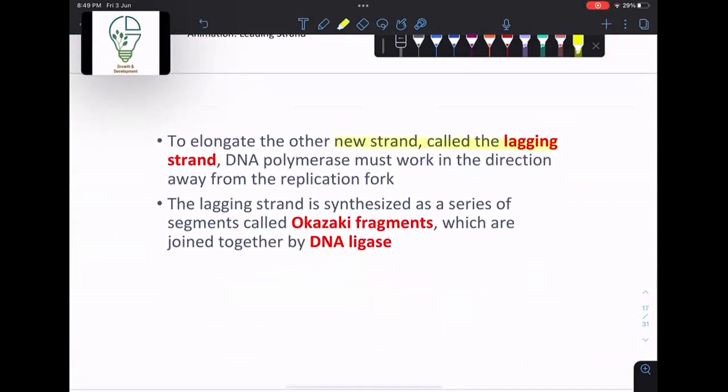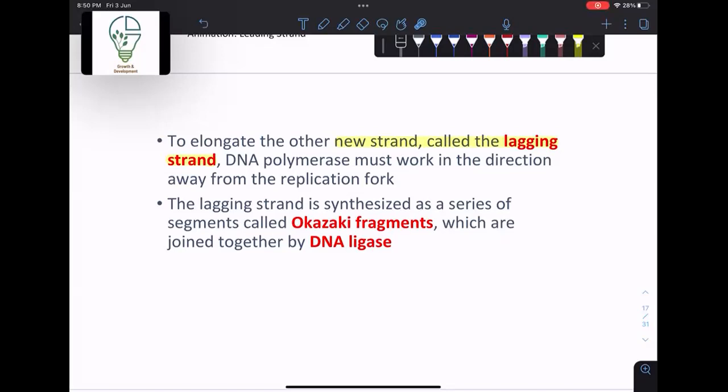And the DNA polymerase must work in the direction away from the replication fork, because obviously the replication fork is the place where the DNA polymerase is going to start acting. So it needs to go away from it. And remember, the lagging strand is the new strand. And this is a very favorite question of Dr. Hannah's, so you might want to remember this.